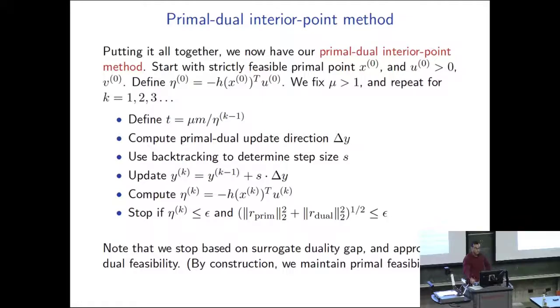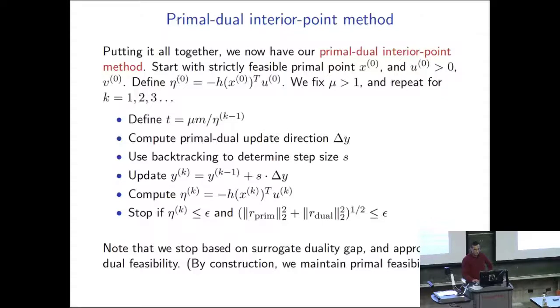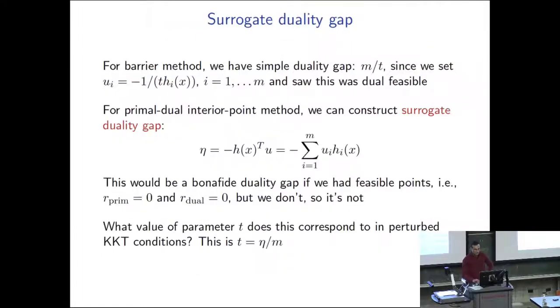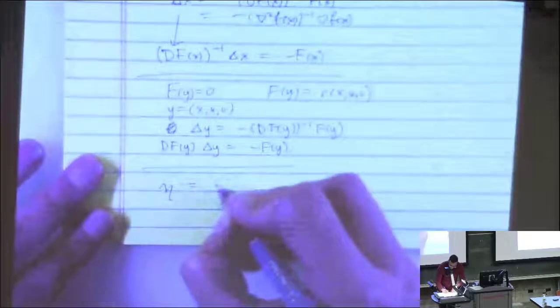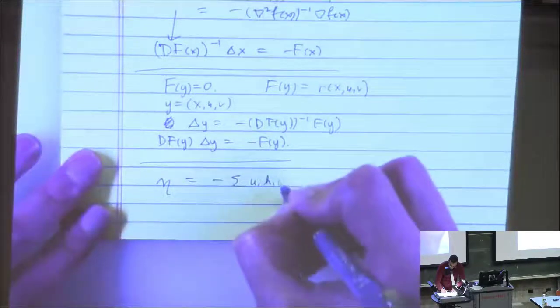I believe that last time I wrote t as something like eta over m. t is m over eta. Yeah, you're right, it's a typo. Thank you. We had eta is just minus the sum of u_i h_i of x.